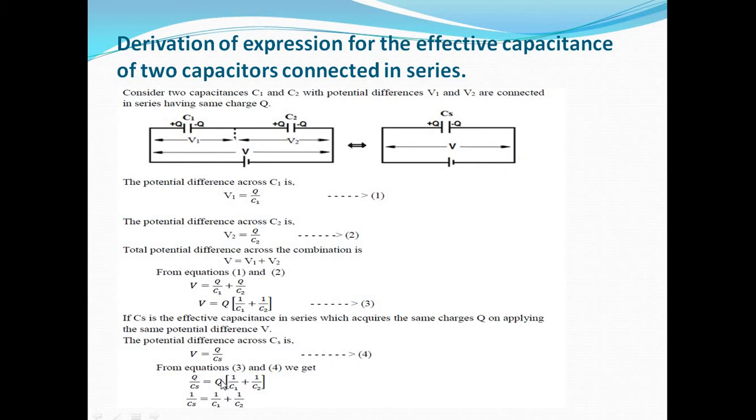So, we get this equation by substituting V is equal to Q by CS in equation 3. Q gets cancelled. Now, 1 by CS is equal to 1 by C1 plus 1 by C2, means the reciprocal of the equivalent capacitance of the series combination is equal to the sum of the reciprocals of the individual capacitances.